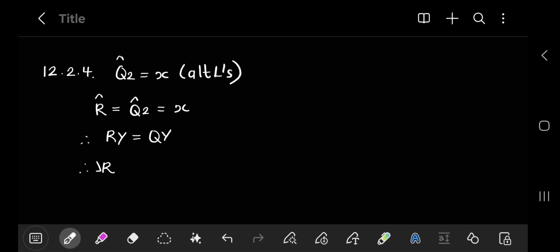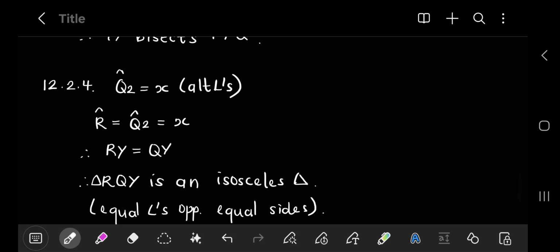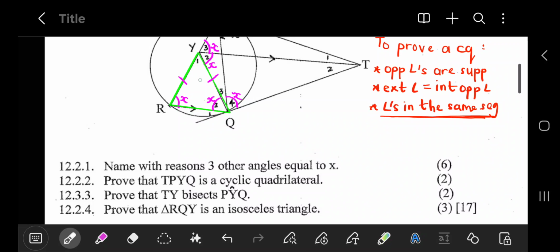Therefore, triangle RQY is an isosceles triangle. And our reason for saying this is equal angles, opposite equal sides. So that's it. We have proven that this is an isosceles triangle. We've shown that there are two sides equal. So here's our two sides equal and two angles equal.